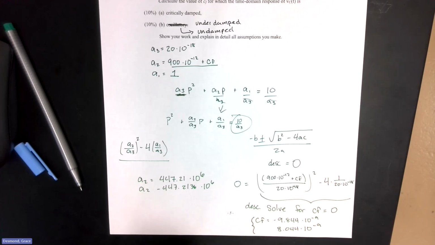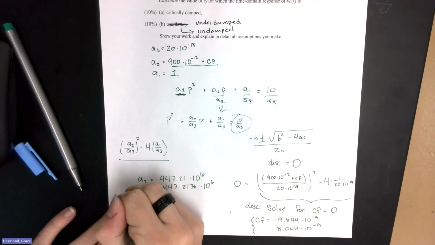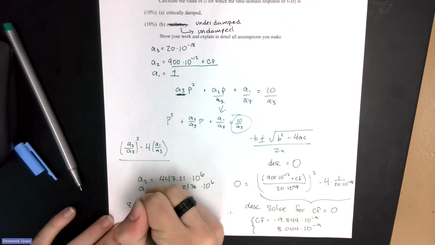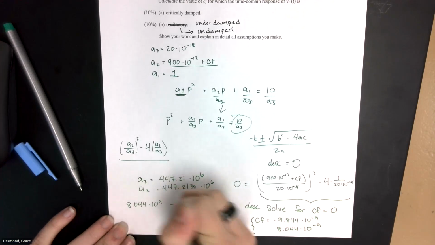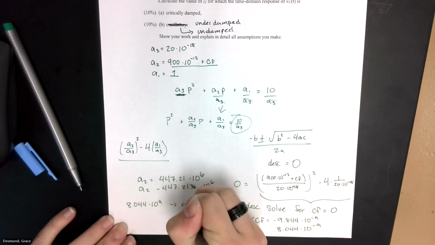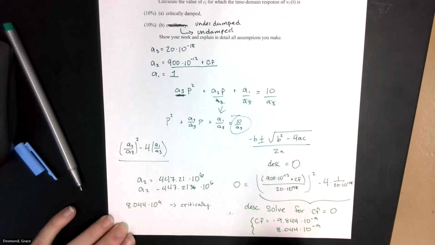If it is greater than 0, it is going to be critically damped. I thought oscillatory was underdamped. It's undamped.